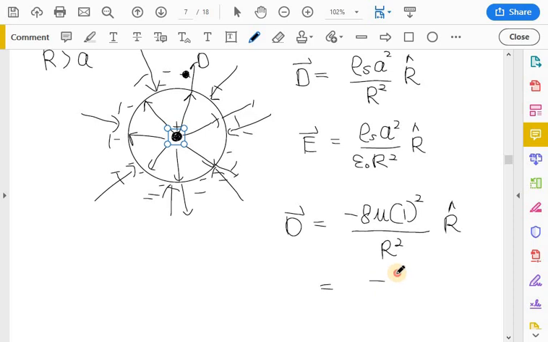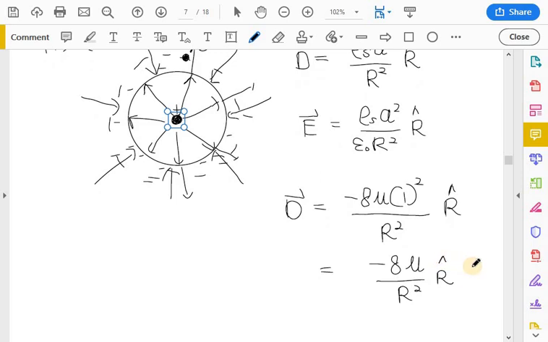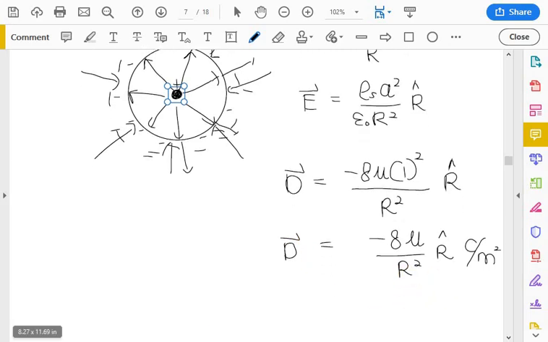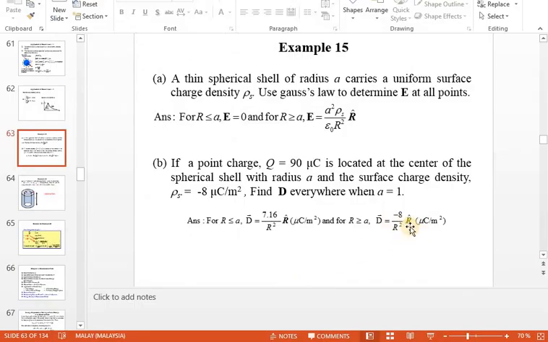So the answer is negative 8 micro over R square, unit vector R. And don't forget the unit, I always forget the unit. Okay, so please make a correction. The slide answer is not this, so this is the correct answer.